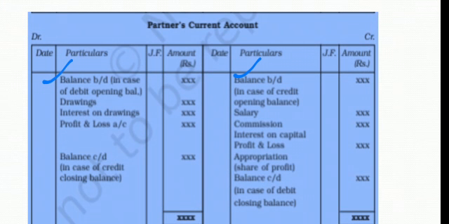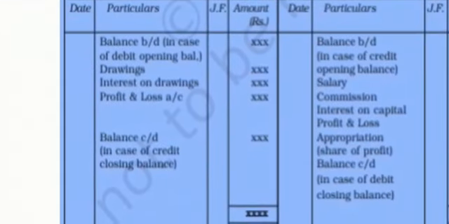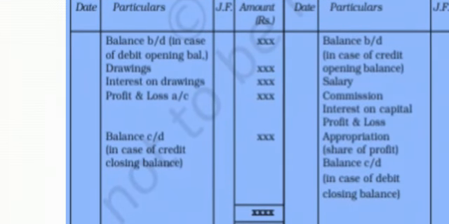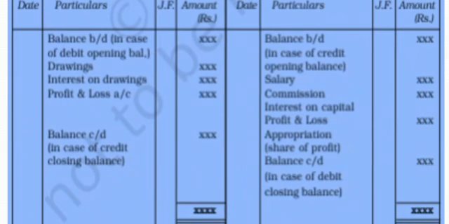Then all the plus items as usual on the credit side, like we have done salary, commission, interest on capital, profit and loss appropriation account, the share of profit, right? Then on the debit side, we have drawings, interest on drawing, profit and loss appropriation account, whatever is a share of loss. Then after that, balance carried down can come on either of the sides.